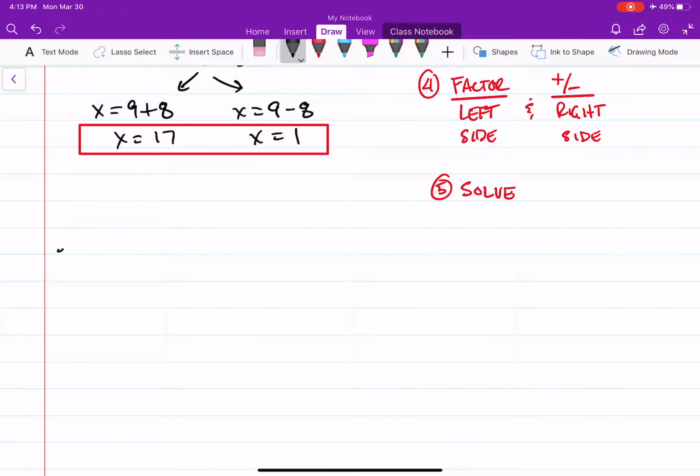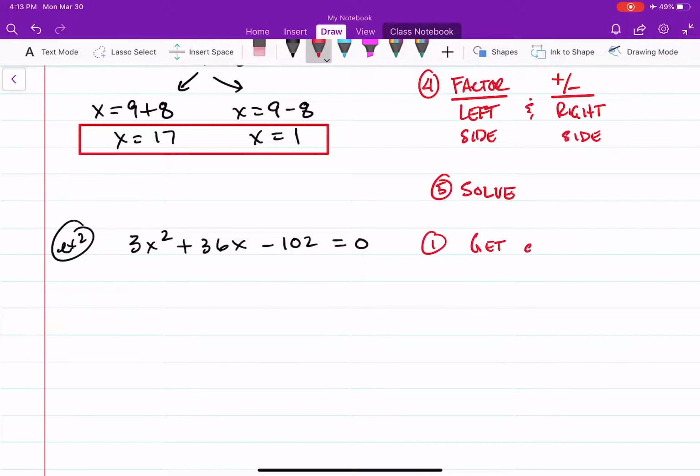Second example, example 2. So let's call this 3x squared plus 36x minus 102 is equal to 0. So again, step 1, get a equal to 1. So divide everything by 3.